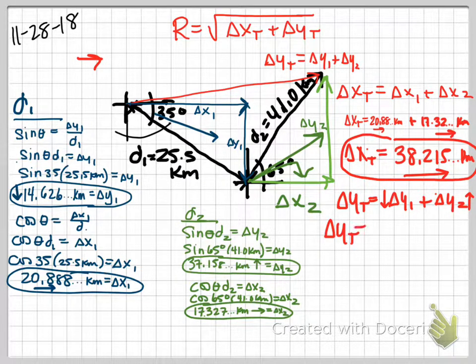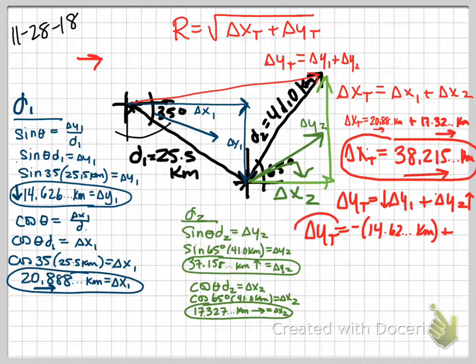Just keep in mind that as we go through these, that is an option. Okay, so delta y total equals, well, we've got a negative 14.62 kilometers plus the 17.327.